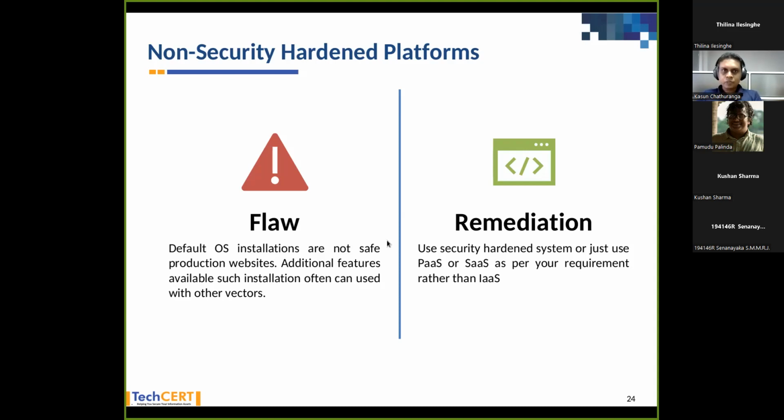Security hardening the platform is a very deep topic. If anyone is interested, I can provide additional material, but to avoid going much deeper, I'll continue from here.